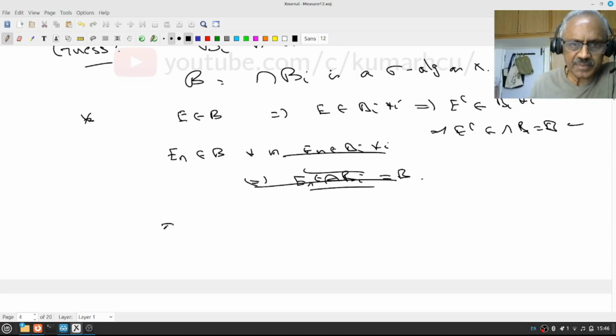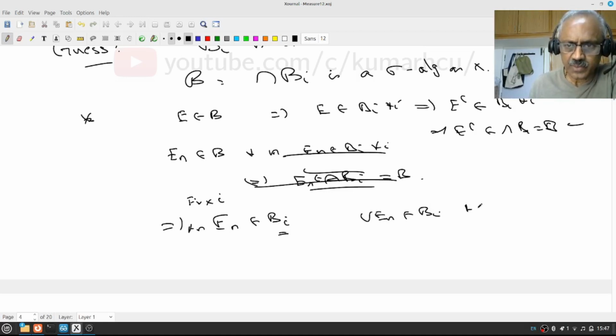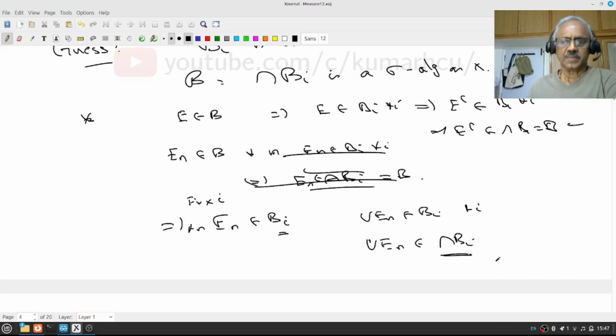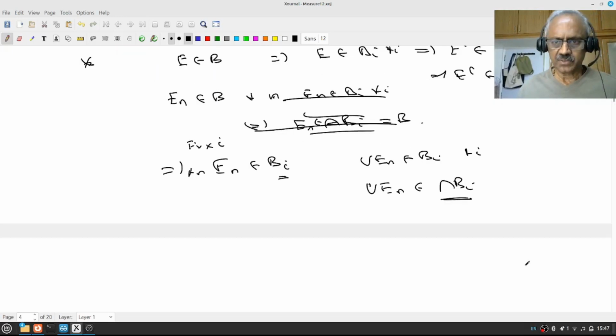If E_n belongs to B, this implies E_n belongs to B_i. Fix i. Then for all n, E_n belongs to B_i. Since B_i is a sigma algebra, the union of E_n belongs to B_i. This is true for all i. Therefore, the union of E_n belongs to the intersection of B_i, which is B. Therefore, condition 3 is also true.